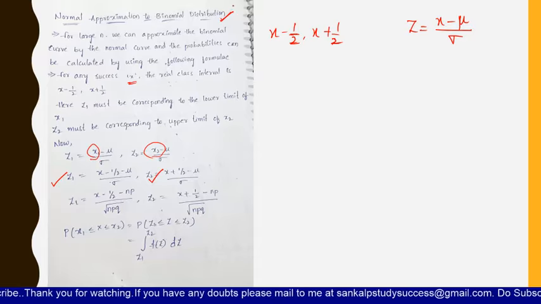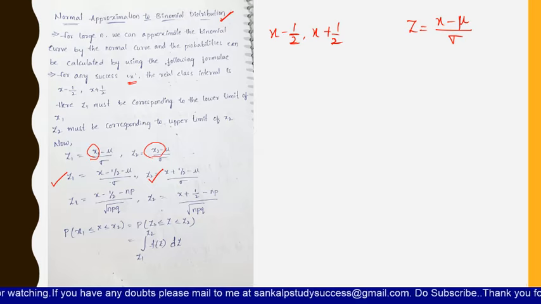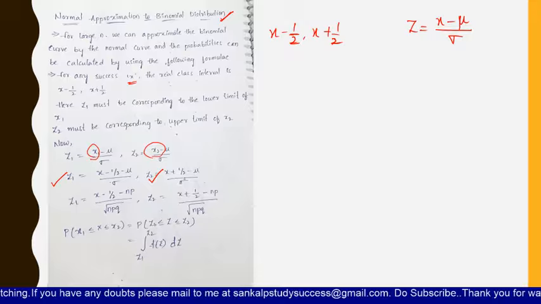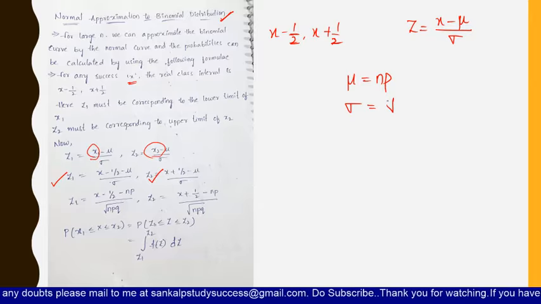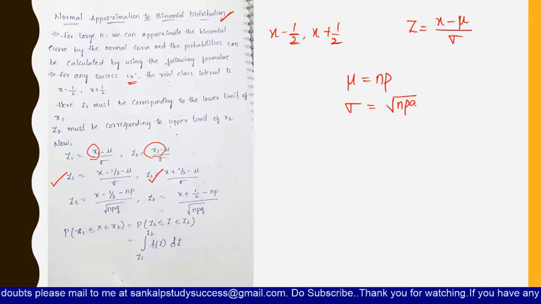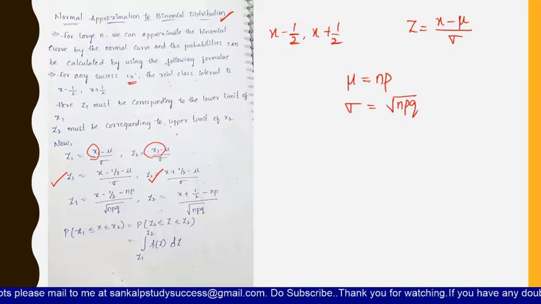Till now we have done just the normal distribution. Here it is along with the binomial distribution, right? So we are going to substitute x minus 1 by 2 minus mu by sigma and x plus 1 by 2 minus mu by sigma. Here mu is nothing but n into p and sigma is nothing but square root of npq. These are the formulas of mean and standard deviation.